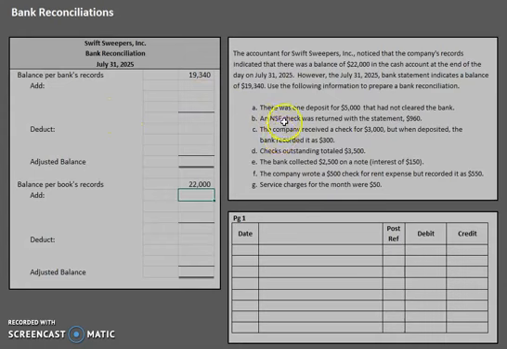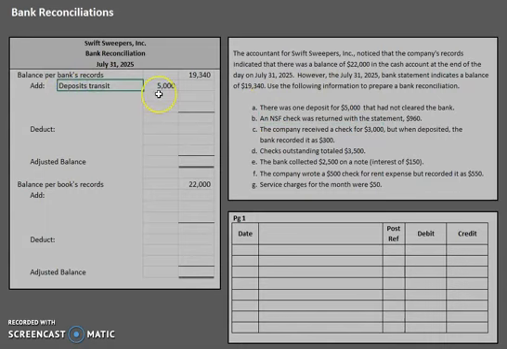However, we do. So when we received this check for $5,000 or this cash, whatever this deposit is, we would have increased the cash balance according to our records. However, the bank did not know about it, so they do not have that $5,000 in their records. So let's go ahead and account for that deposit in transit for $5,000.